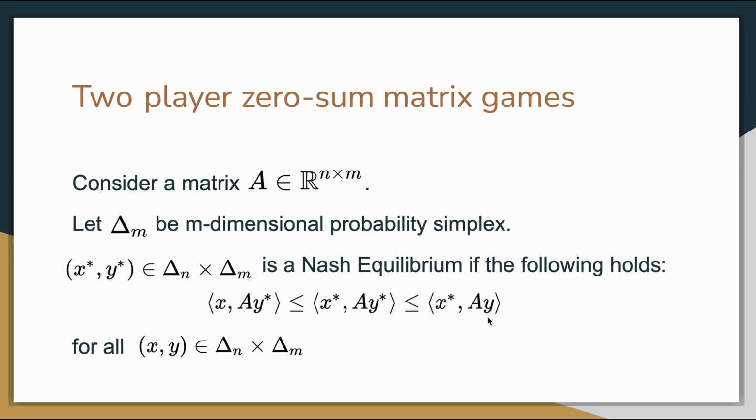You can interpret this inequality with respect to two players, the row player and the column player, each playing the strategies x* and y* and trying to see whether they can improve upon their strategy or not. And if they cannot, then we say that we are in an equilibrium.